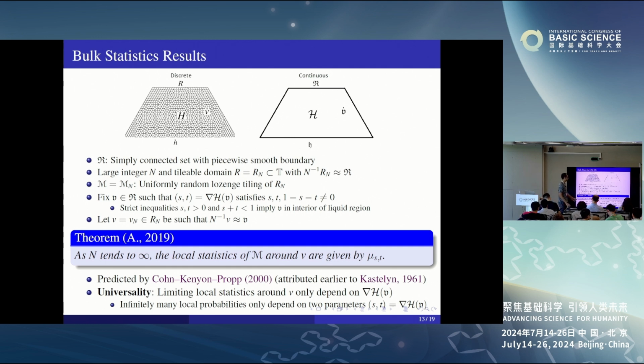You can think of this as a universality statement, because you're computing infinitely many probabilities, the probabilities of any kind of local pattern, of which there are infinitely many, and you're saying that this full family of probabilities only depends on 2 numbers, which is the gradient of my limit shape at this point, ∇h(v). So infinitely many local probabilities only depend on 2 parameters in the large scale limit.